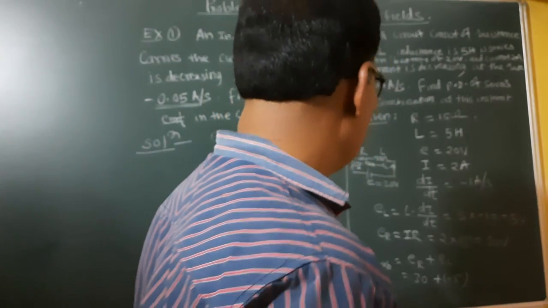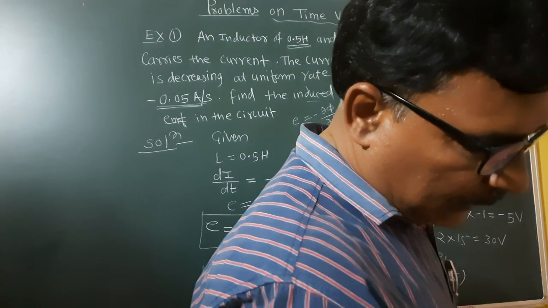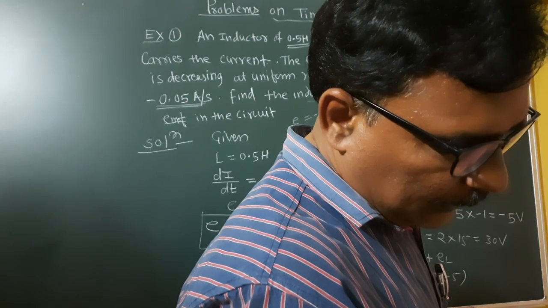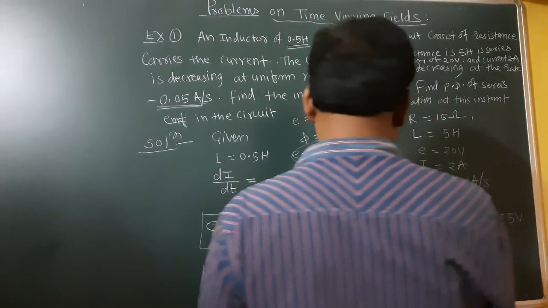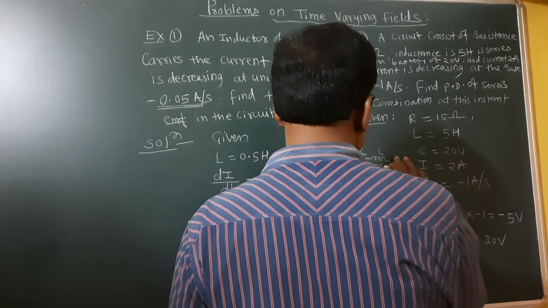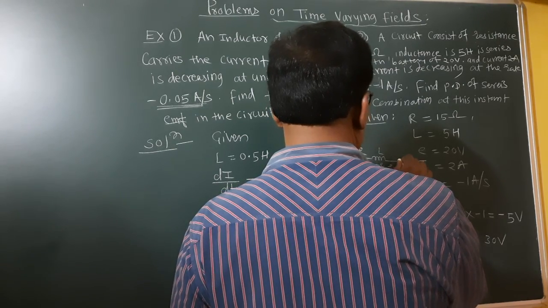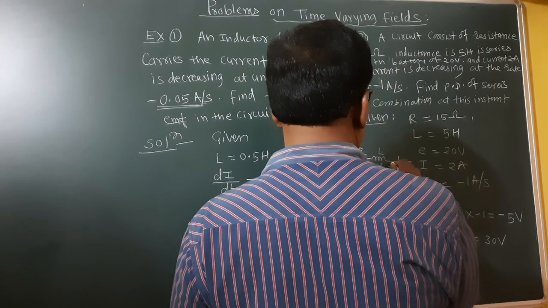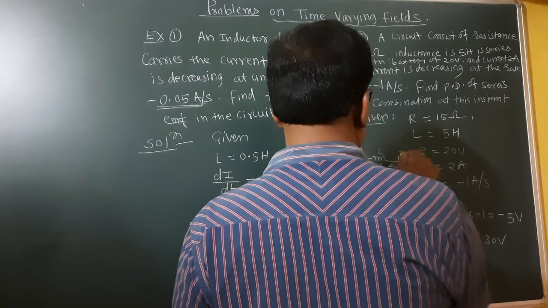The potential across the battery is also given. Three parameters are connected in series: a circuit consists of a resistance of 50 ohm and an inductance, in series with a battery of 20 volt. This is E, which is 20 volt.